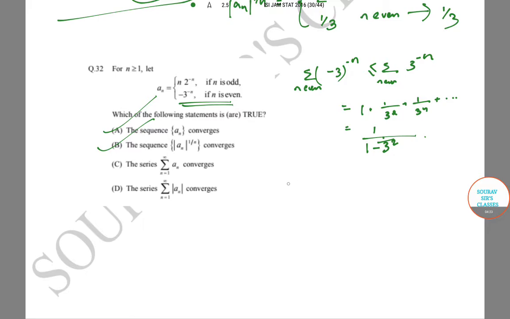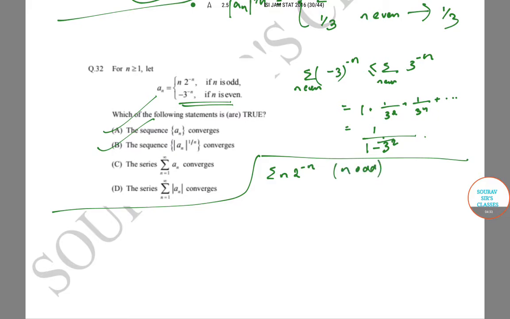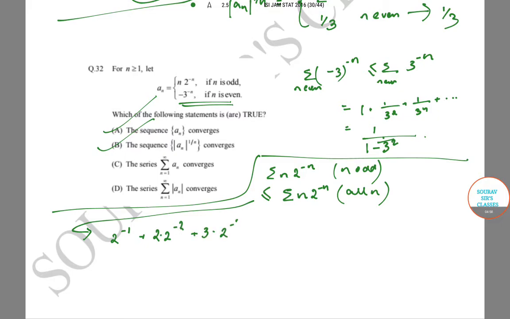This would be less than or equal to the sum over all n of n times 2 to the minus n, and let us see what this is. This is 2 to the minus 1 plus 2 times 2 to the minus 2 plus 3 times 2 to the power minus 3, and so on.